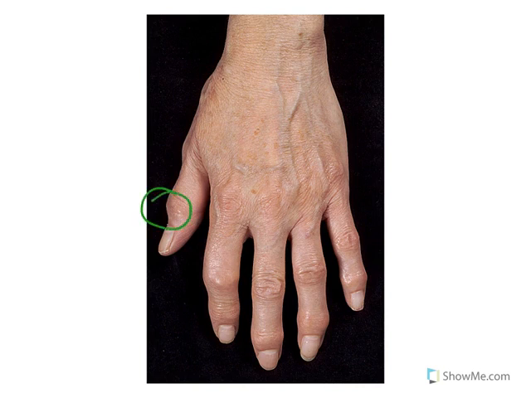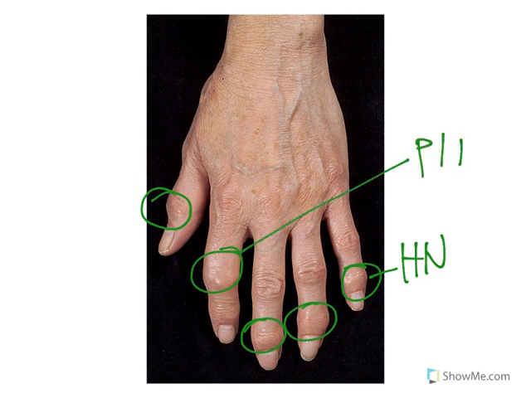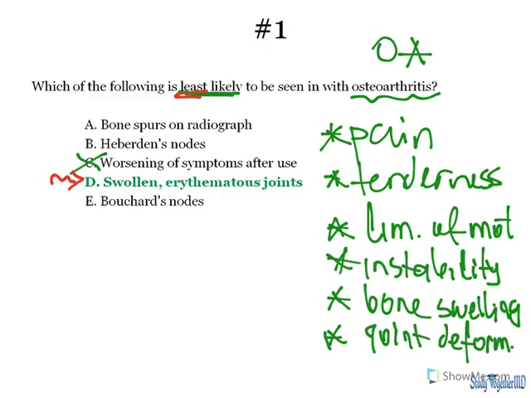So you can see here, these are all DIPs. Okay, so that's Heberden's node. And then here is a PIP, and that's a Bouchard node. Okay, therefore, these are all incorrect because they're all seen in osteoarthritis.